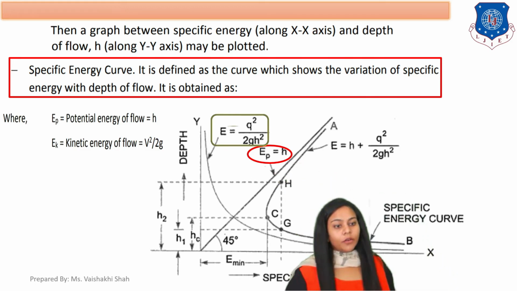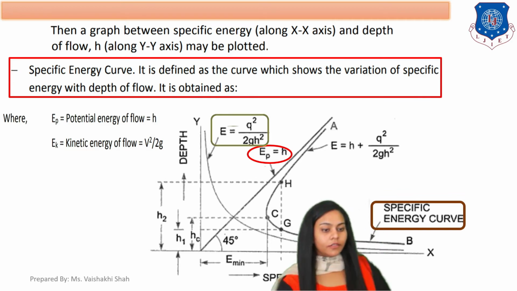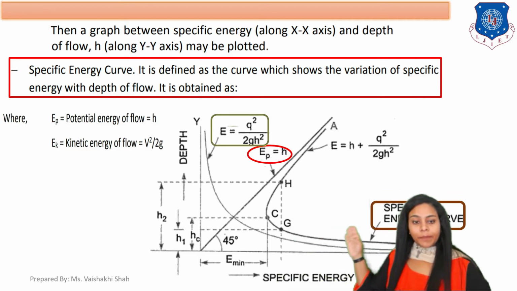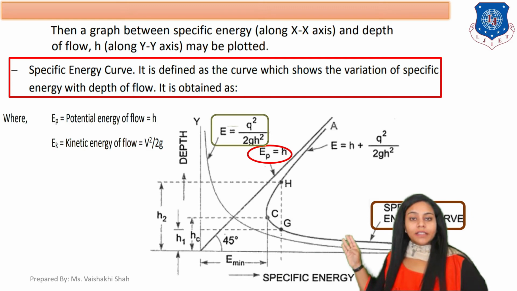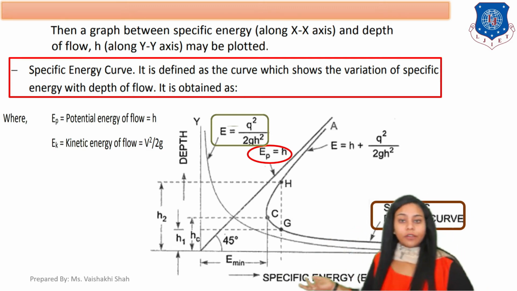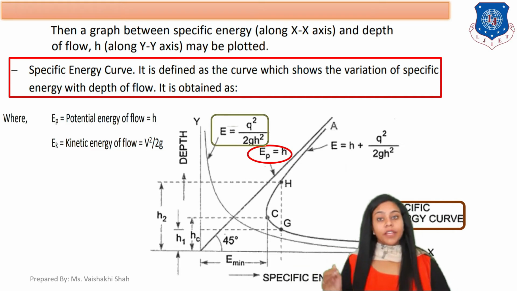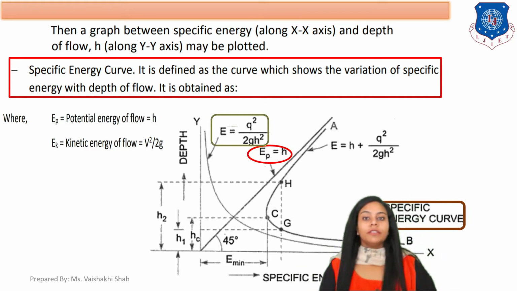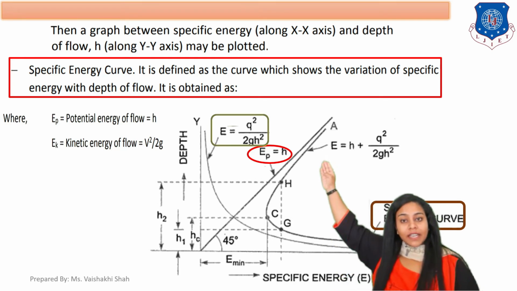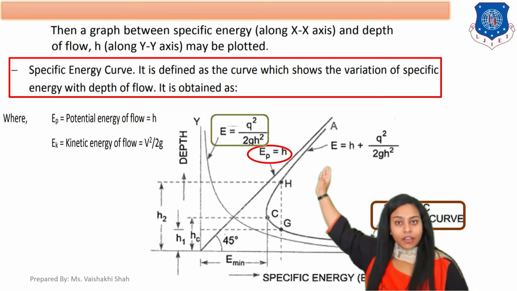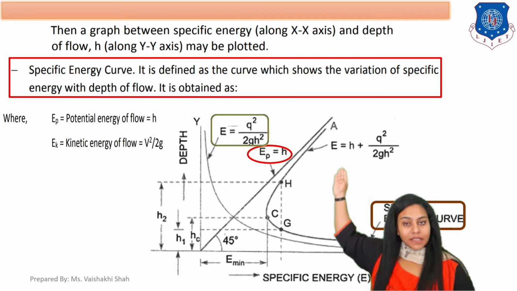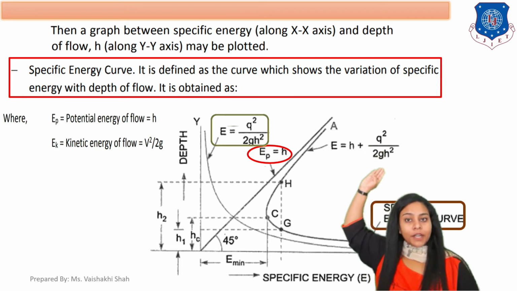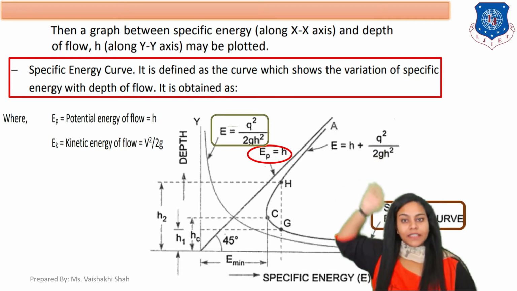So this curve indicates the specific energy curve, and it is written as specific energy equals h plus Q square divided by 2gh square.